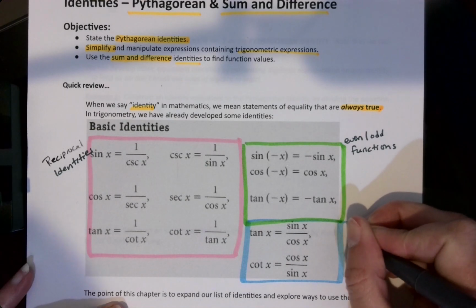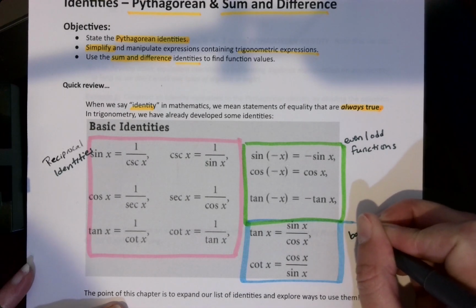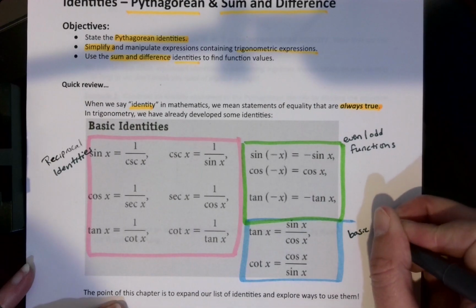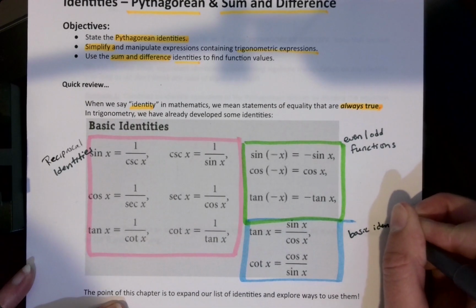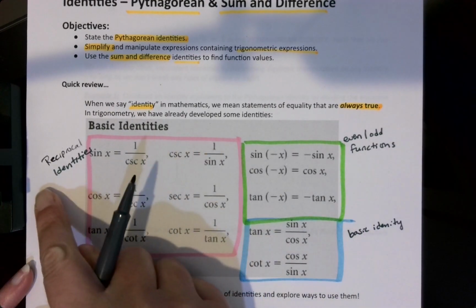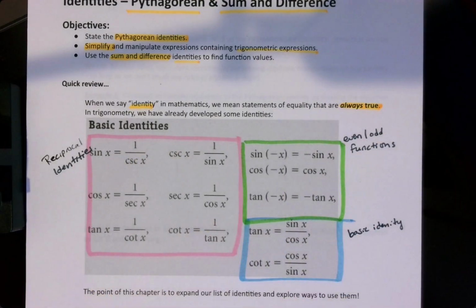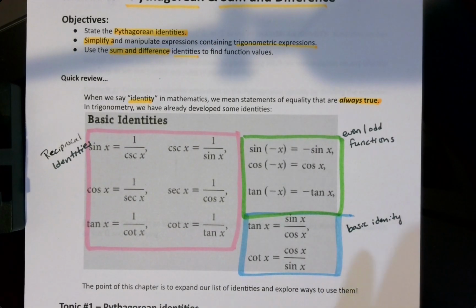It doesn't really have its own name. Reciprocal identities, something about even and odd functions, and the basic identity for tangent and cotangent. These are identities that we already know and have seen in Chapter 6. The point of this chapter is to expand our list of identities and explore new ways to use them.